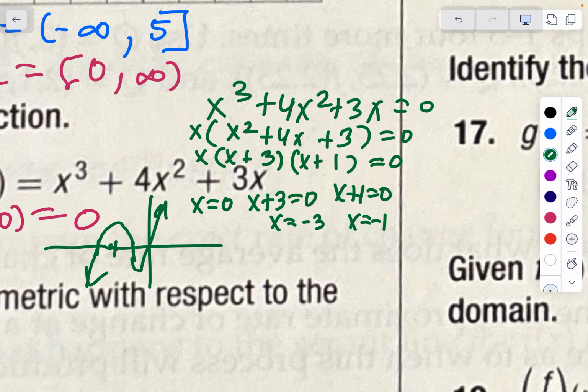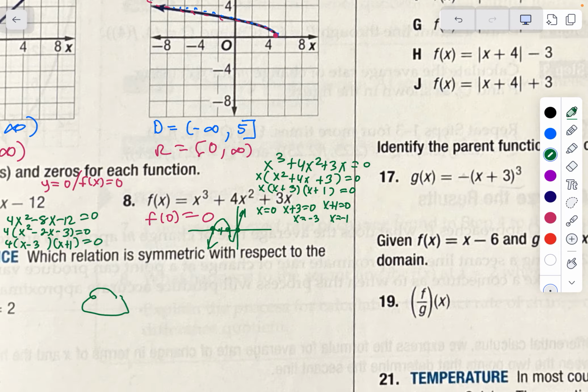It hits the x-axis in 3 spots, -3, -1, and 0. It hits the y-axis at 0. So that's kind of what the graph looks like for that one.